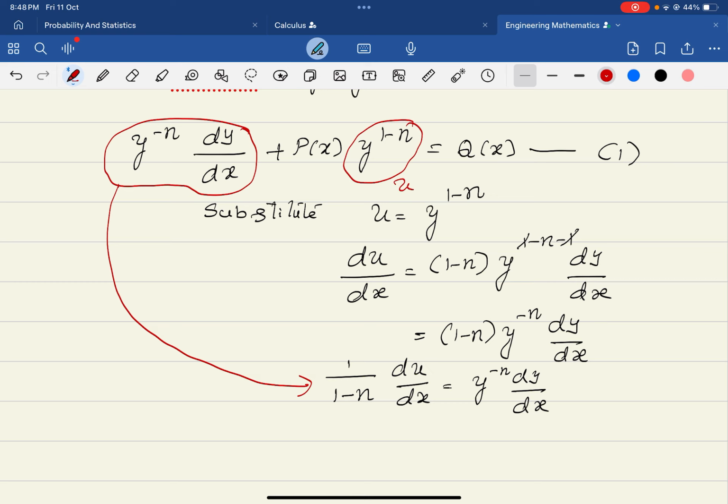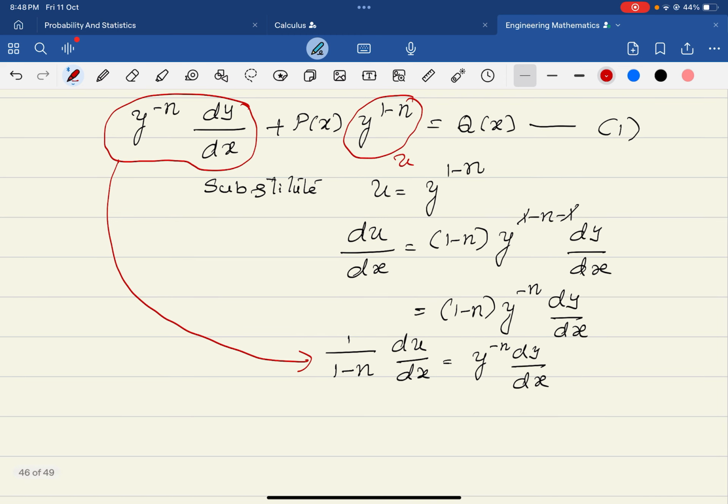Clear? So now let us plug all these values into the equation. What we get is 1 over 1 minus n times du over dx plus p of x times u is equal to q of x. So this is some constant, right?